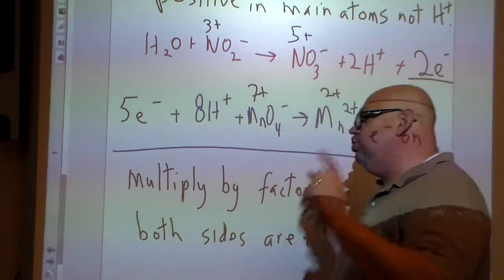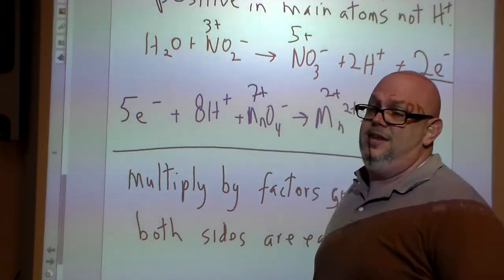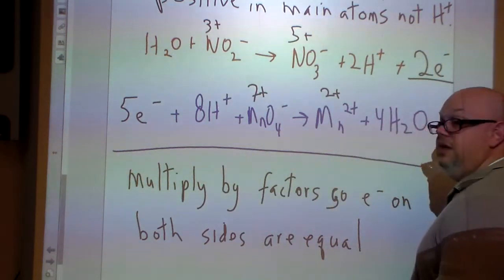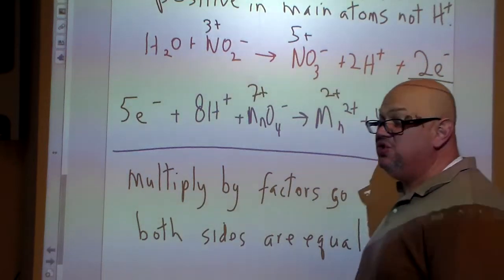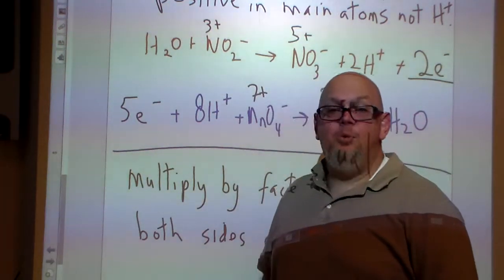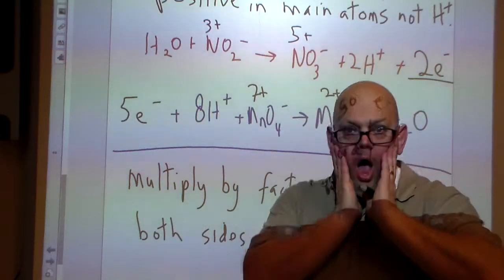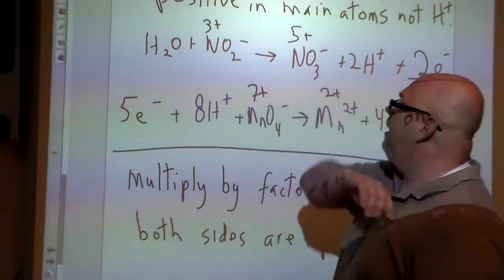Remember, manganese is a transition metal, so it can have multiple personalities. Seriously, it can. Remember, a large part of the periodic table is transition metals, and they can exist in more than one oxidation state. Okay. Yay, we got all this.